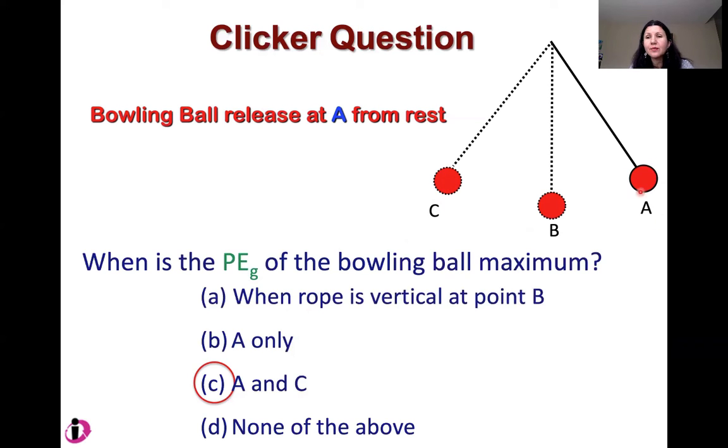If we start at point A with some initial energy, remember it was just released, you didn't push it, it's all potential energy here, so it has to be the same potential energy at point C at the maximum height when it turns back around. We're going to look at this in more detail after the series of questions for you.